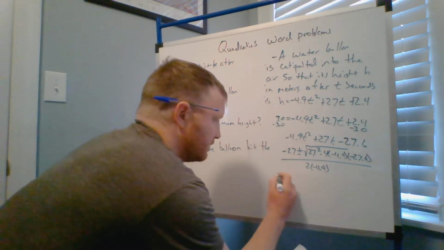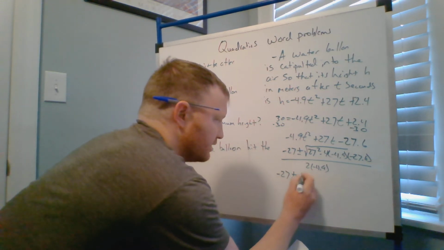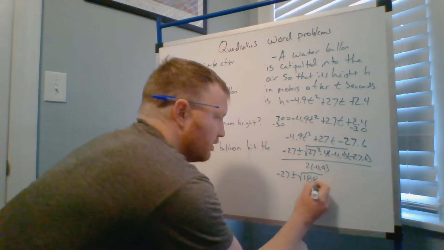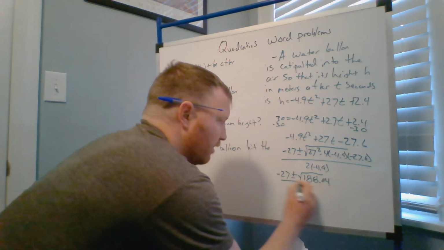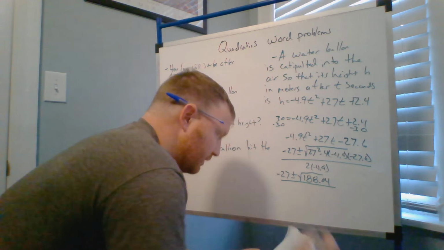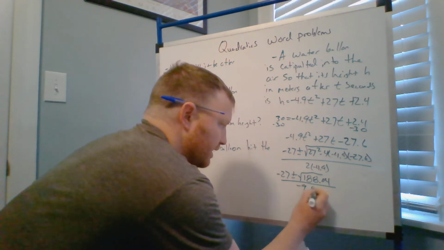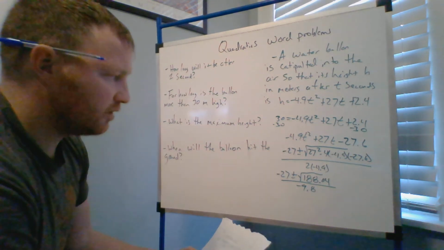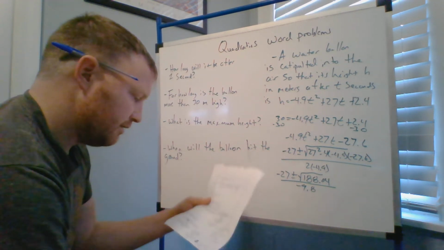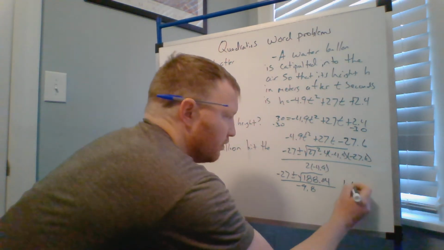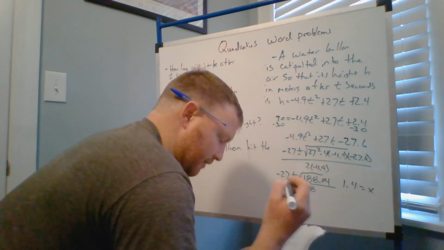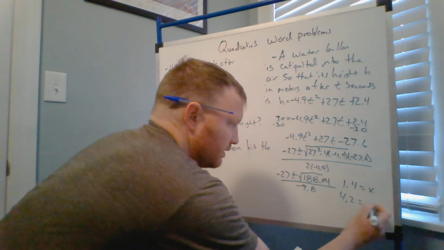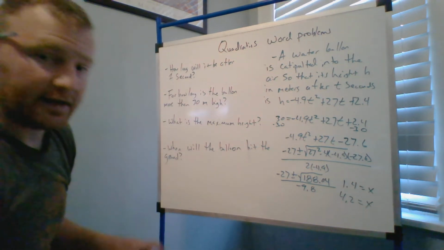So I get negative 27 plus or minus the square root of 188.04, divided by negative 9.8. All these decimals are rounded. When I do the square root and the plus and the minus, my two answers are t equals 1.4 and also 4.2. Now, those are not the answers.